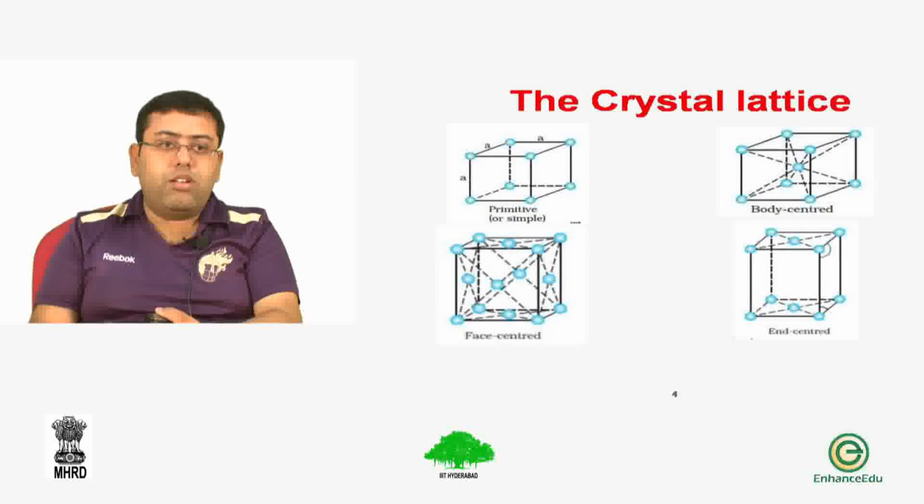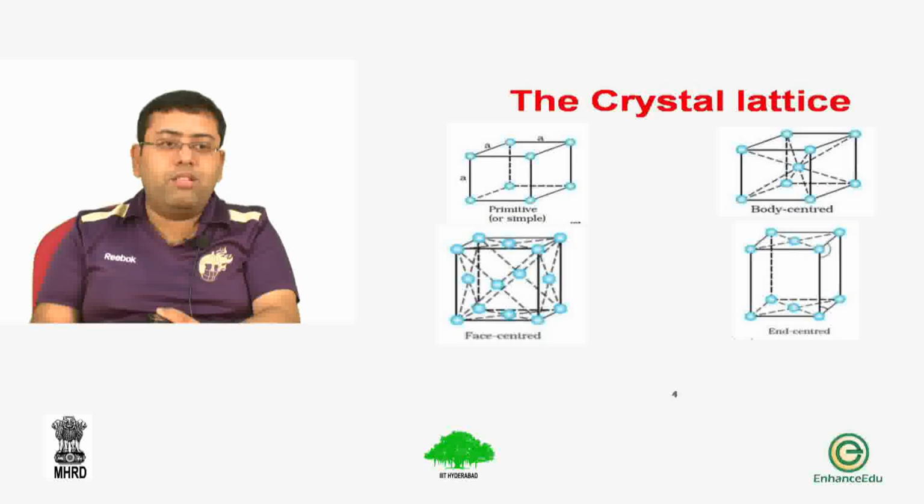Accordingly, we have the primitive cell where you have a cubical structure with the atoms sitting at the vertices of the cube. Then if in a primitive cubical structure we have one more atom located at the center of the cube where the diagonals intersect, we have what is called a body-centered cubic unit cell.